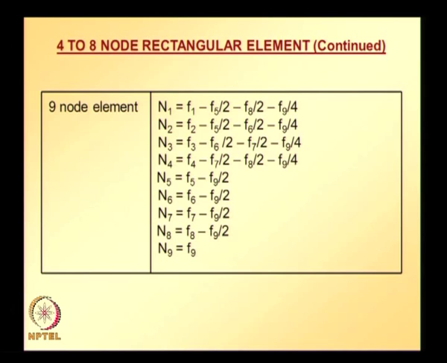And please note that elements with number of nodes between 4 and 8 are known as transition elements. These elements are useful when a transition from quadratic to linear element is desired. So using this table we can derive shape functions for any noded element starting from 4 node to 9 node element, and we will continue in the next class.